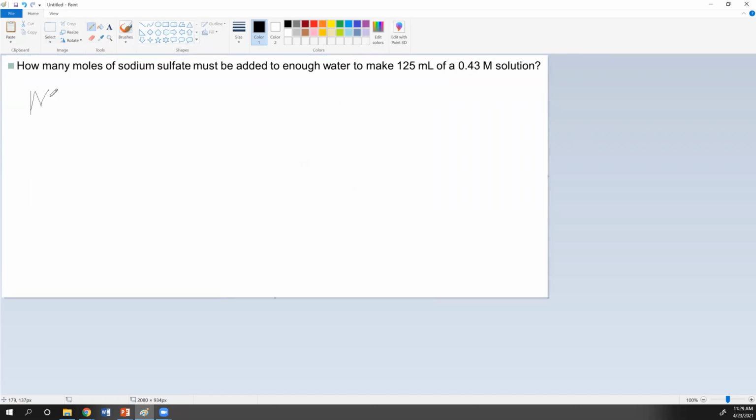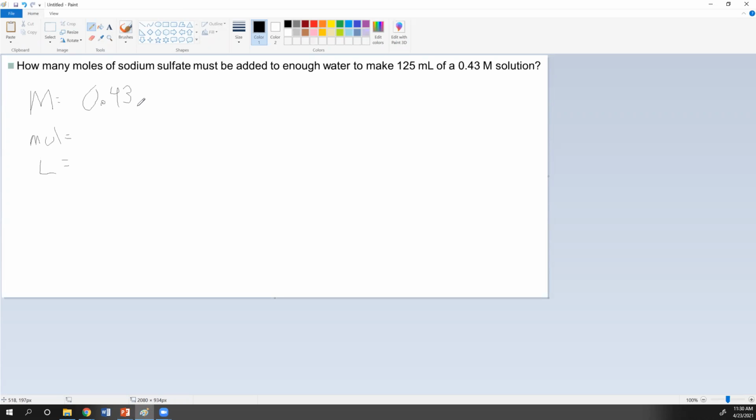So what is my big M in this problem? I have big M, moles, and liters. All right, so what is my concentration? What's my molarity in this problem? 0.43. How many moles do I have?